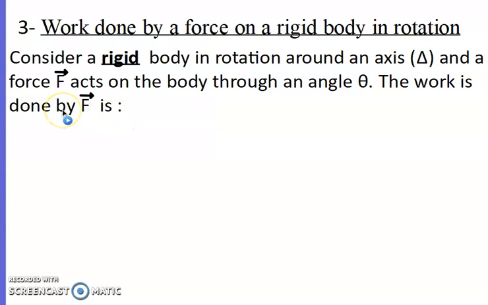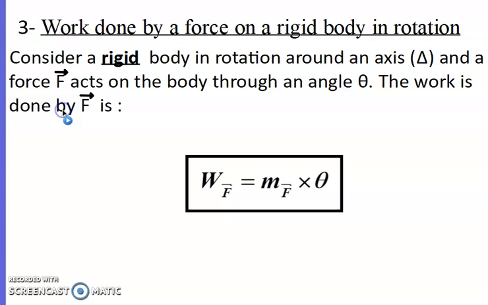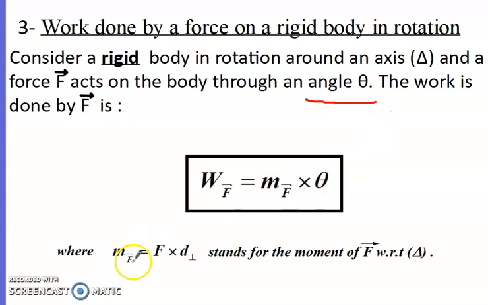Now the work done, we accept this without proof, is by definition the moment of F times the angle theta, where theta is the angle of rotation. Okay? Now F times d perpendicular, as I said, stands for the moment of F with respect to delta. That's the definition of the moment.